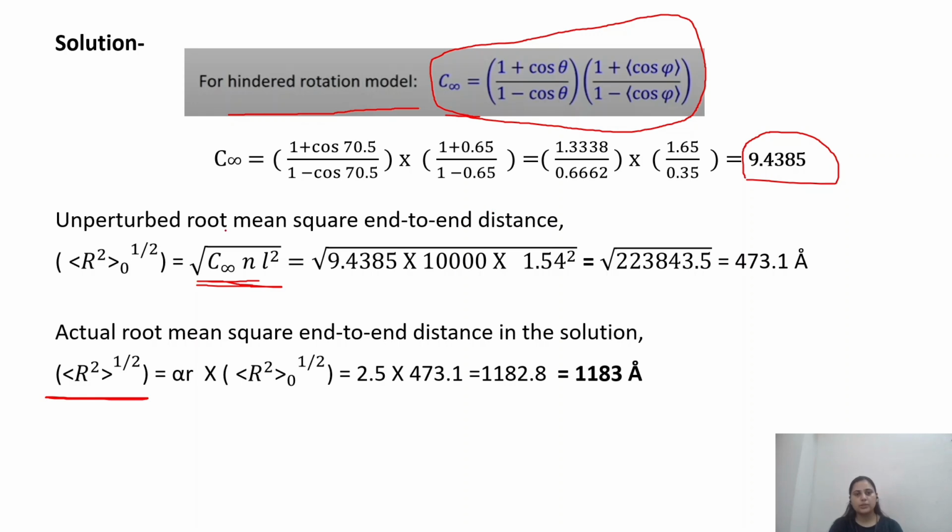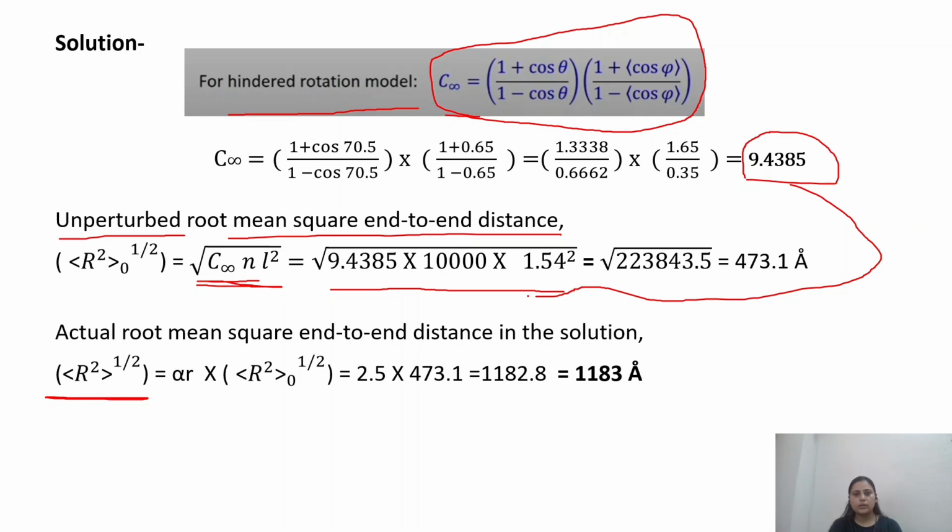Now the unperturbed root mean squared end-to-end distance we can calculate by this formula, which is nothing but root of characteristic ratio into n into L square. We put all these values: the characteristic ratio from here, the n value and L value already given in the question. So we can calculate this and get 473.1 angstrom as the unperturbed root mean square end-to-end distance.